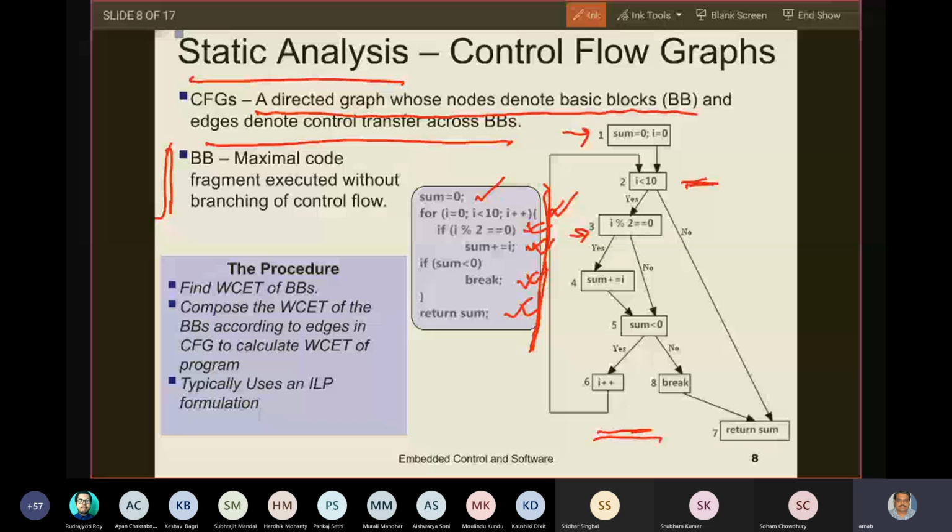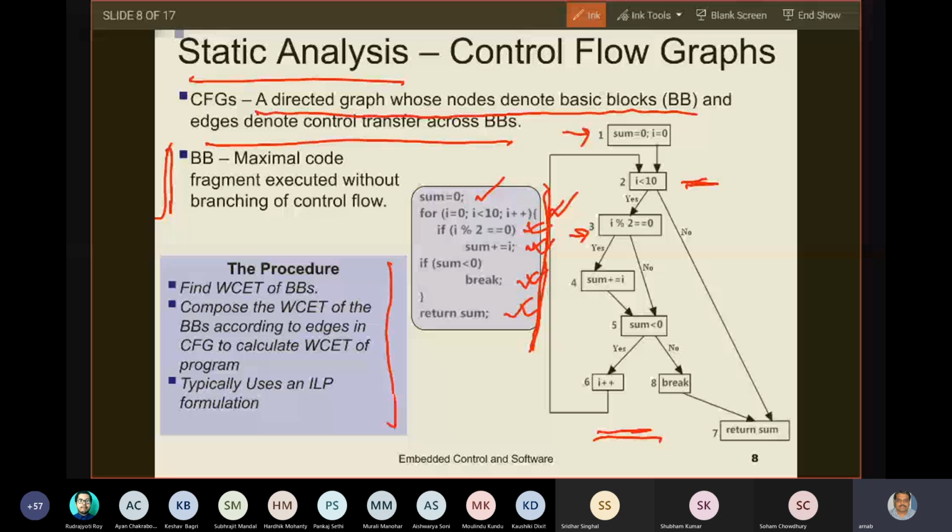Now you also don't need to remember how to generate basic blocks, I won't give you questions on this. But if you have understood and got an idea as to how basic blocks are generated, that is sufficient for me. So essentially, given a program, how do you generate your worst case execution time? See the procedure here. First, you find the worst case execution times of basic blocks individually.